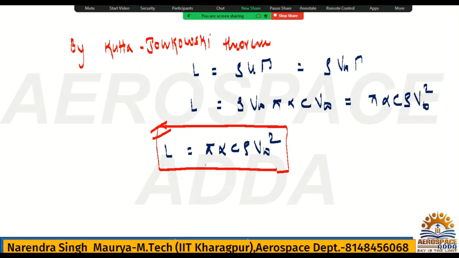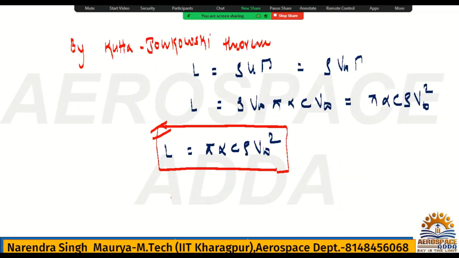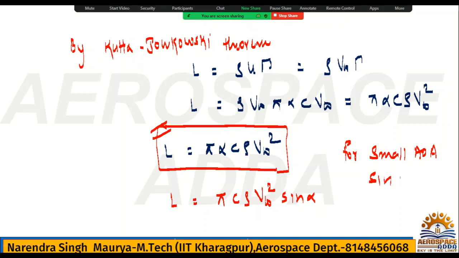One more thing I will tell you. In reality, the alpha you are getting here was actually sine alpha. The formula is actually pi c rho V infinity square sine alpha. But for a small angle of attack, sine alpha is approximated to alpha.